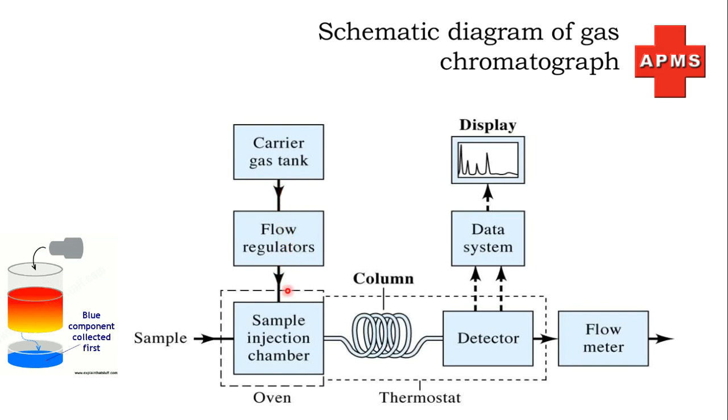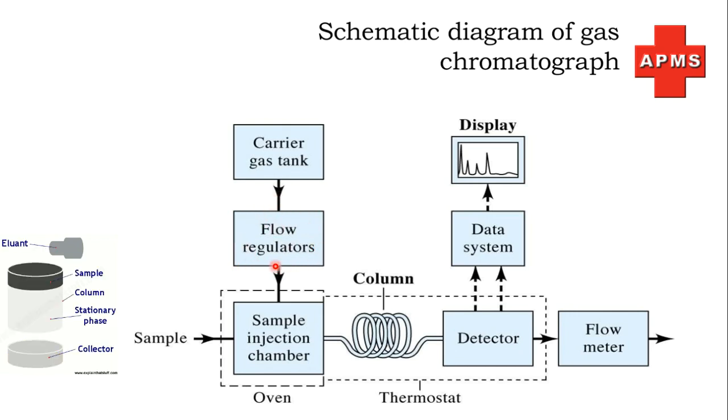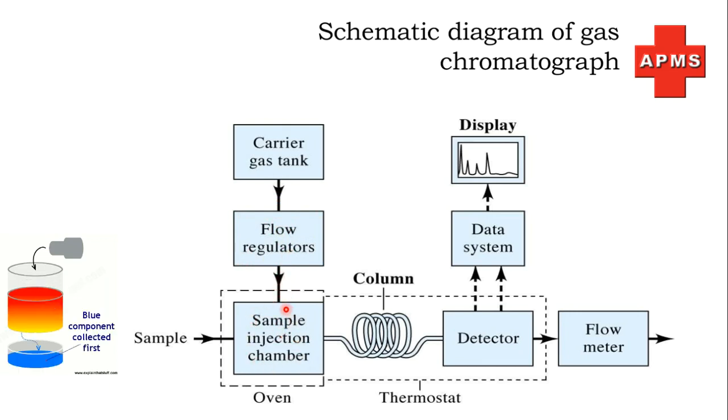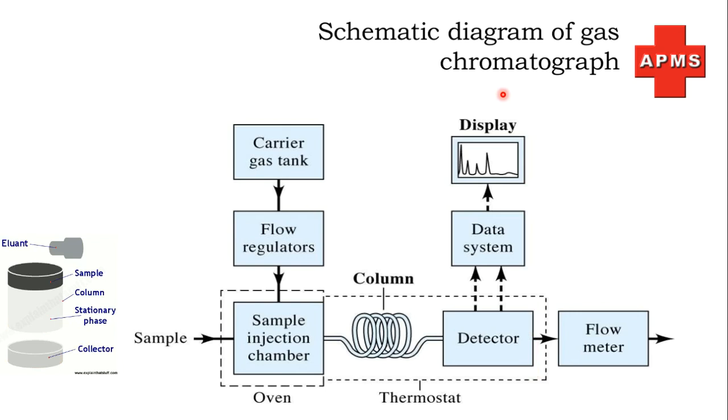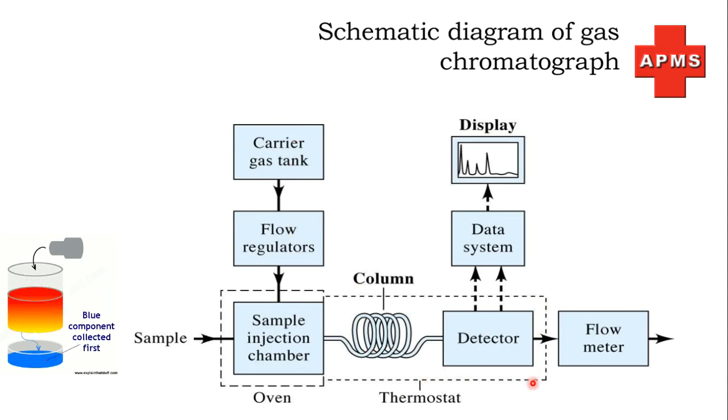So to regulate the gas flow, we attach flow regulators, where we can make the flow slow or fast. Then this regulated flow of gas enters the sample injection chamber, passes through the column and goes to the detector. Depending on the type of instrumentation, the gas then goes outside or back into the flow regulator.